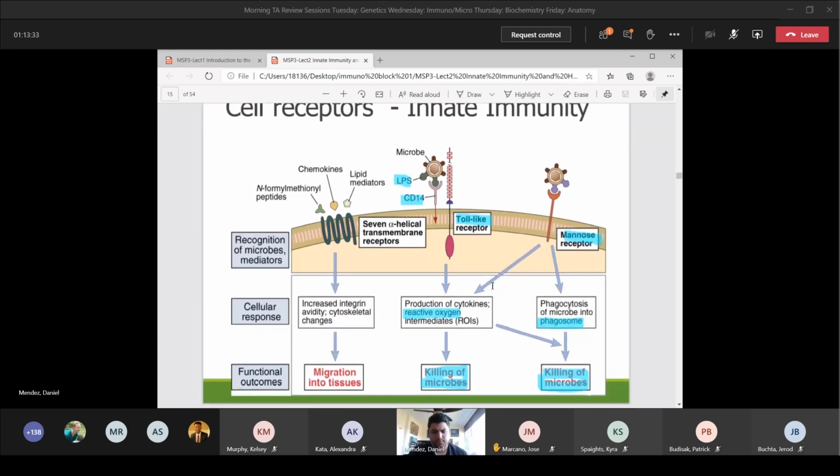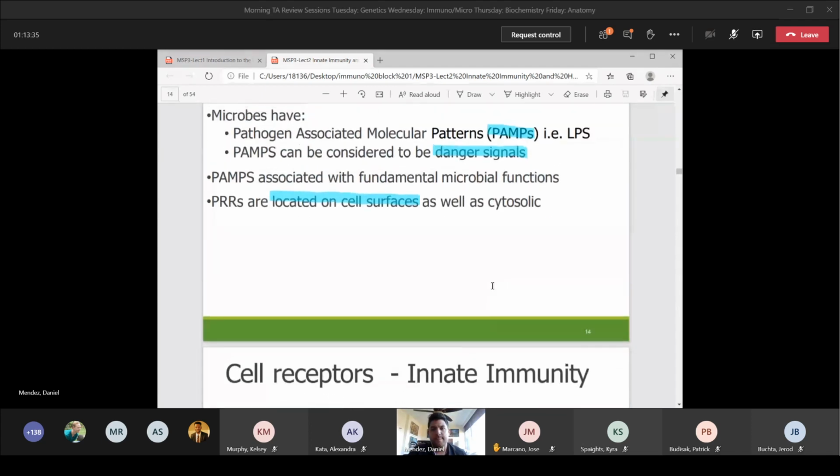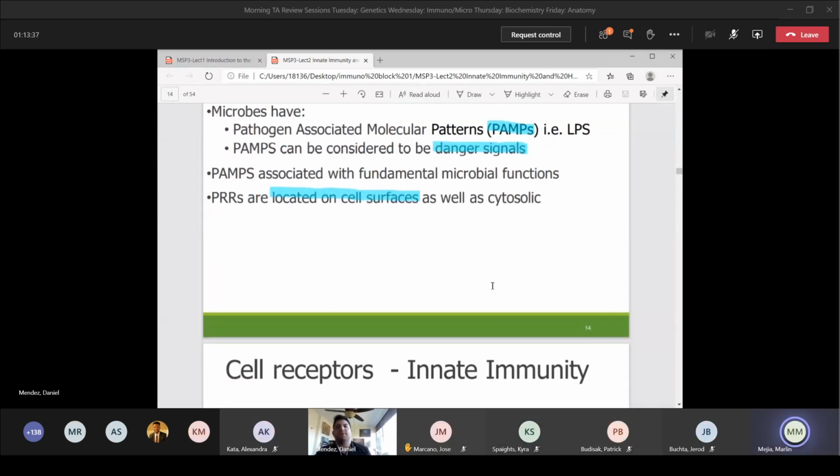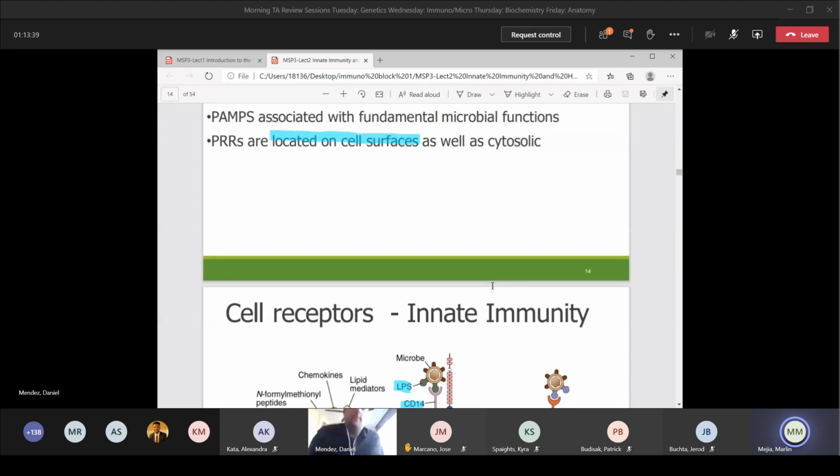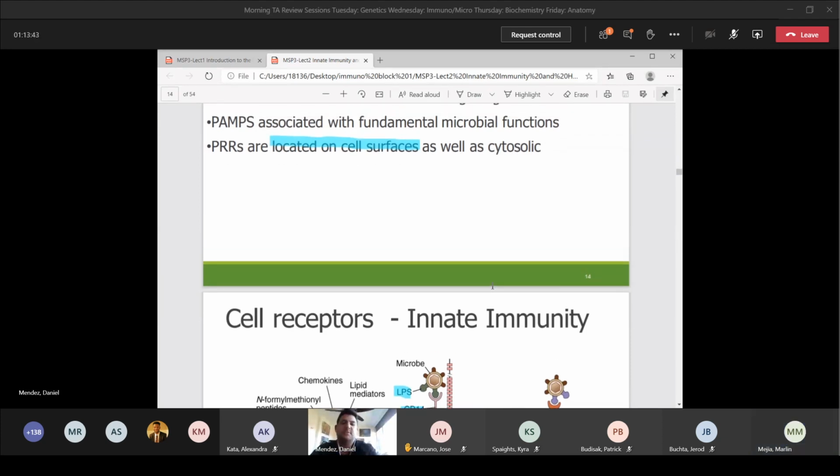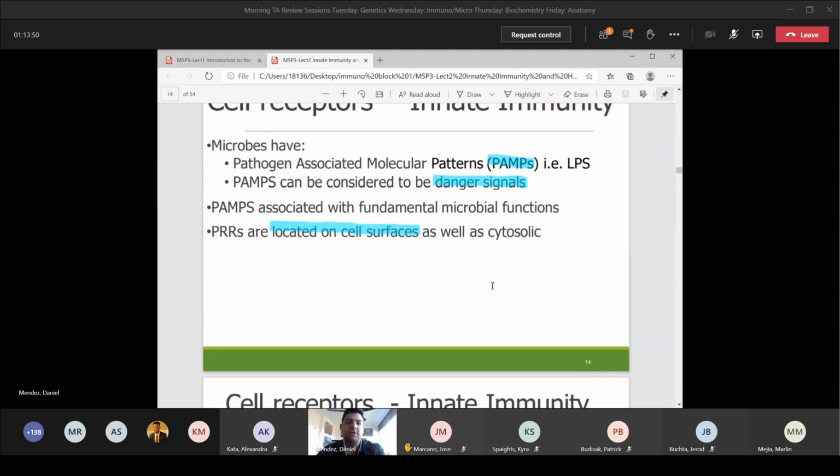So these are the things that we actually see as foreign in our immune response. Question: are the PAMPs specific to bacteria? Not necessarily. The LPS is specific for bacteria, but all PAMPs are not necessarily specific to bacteria. A PAMP is just an overarching term for a pattern on the outside of an organism or an antigen that we recognize as foreign, and we have a pre-organized receptor for it.